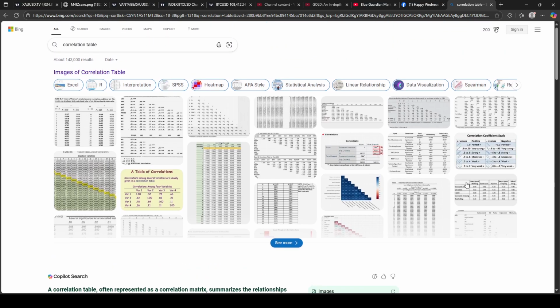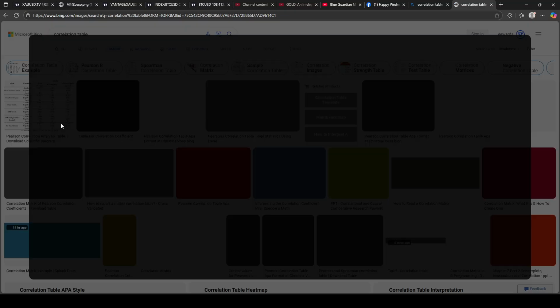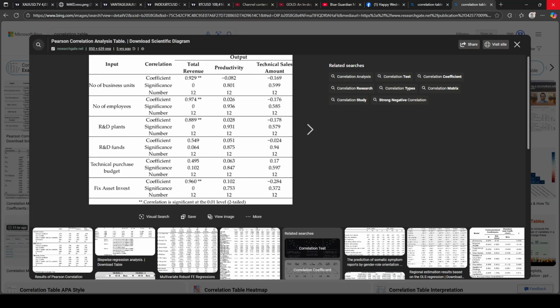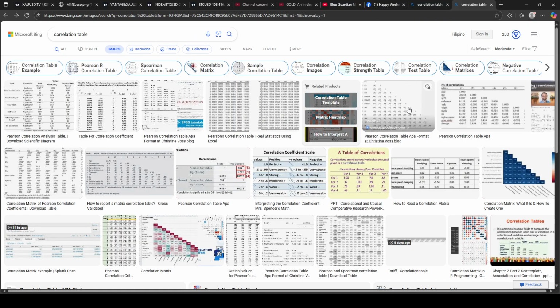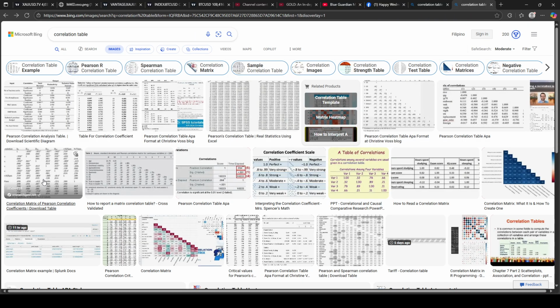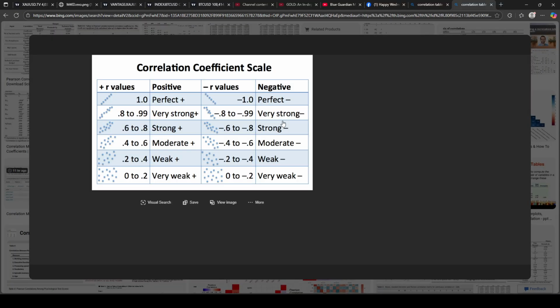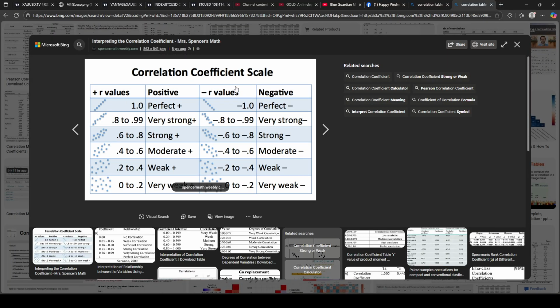Let me just check this one. I forgot to save it. Okay, we can use this. The correlation coefficient scale: it is said to be a perfect positive correlation if the R value is 1.